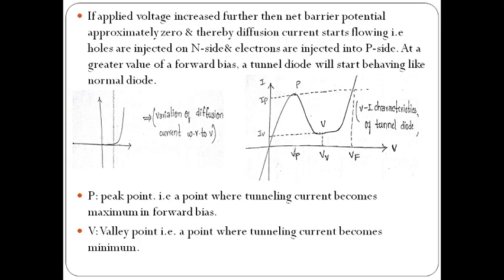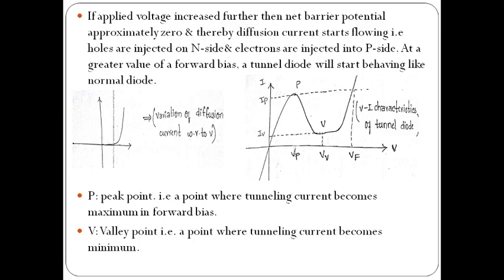So from the origin to point P is the increasing current, it is tunneling current, and point P to V is decreasing current, it is also tunneling current, and from point V again it is increasing current, this is diffusion current. So this valley point is also nothing but the cut-in voltage of a normal PN junction diode.